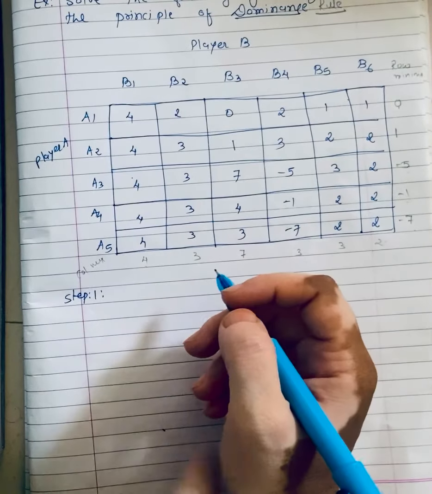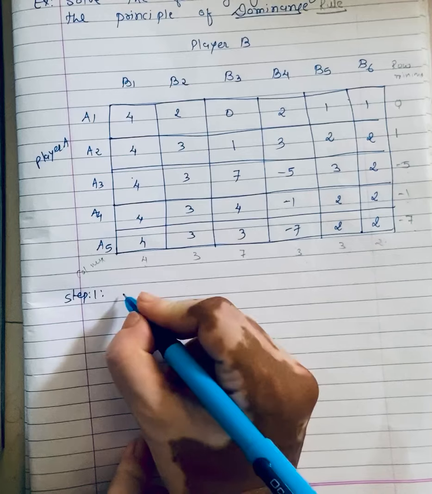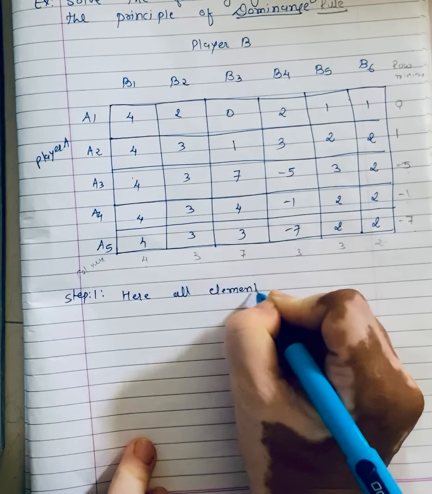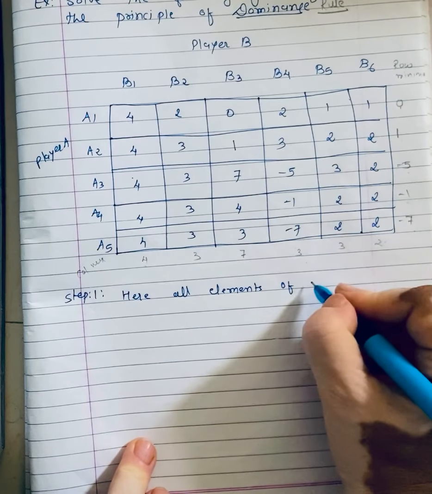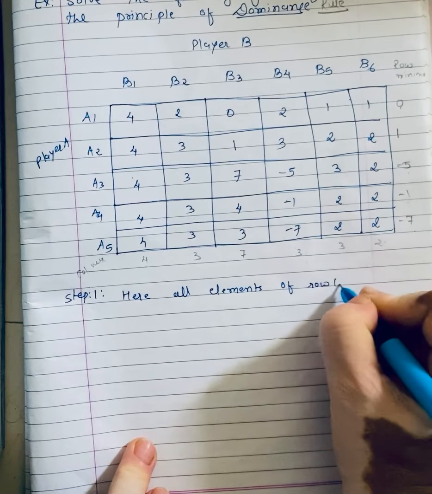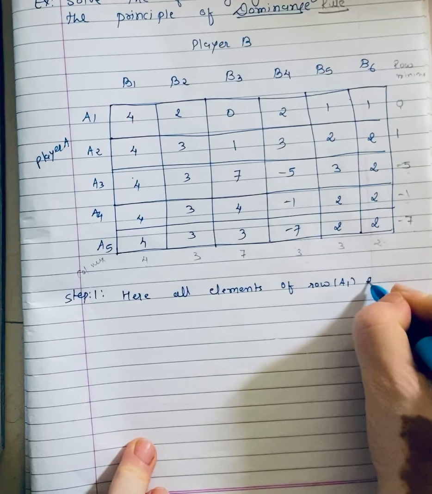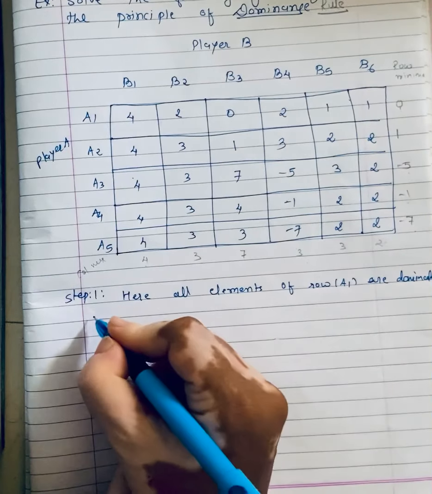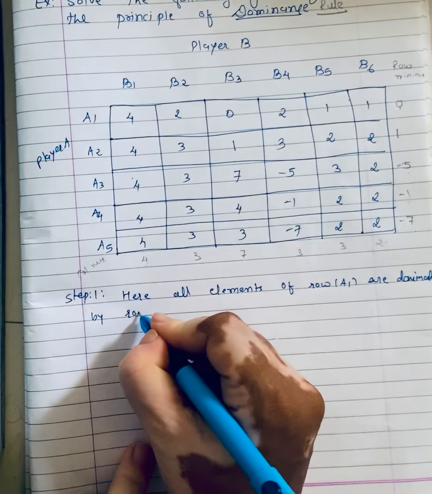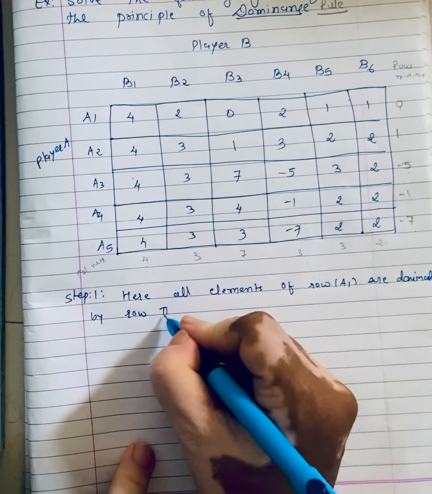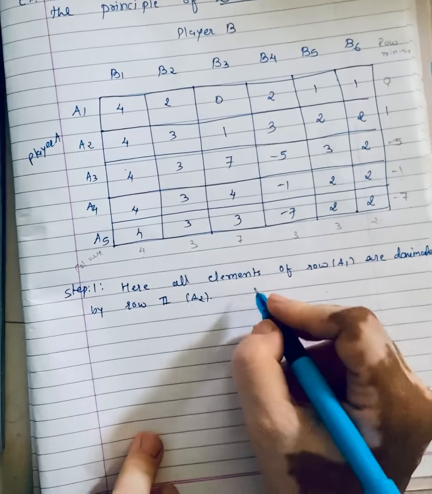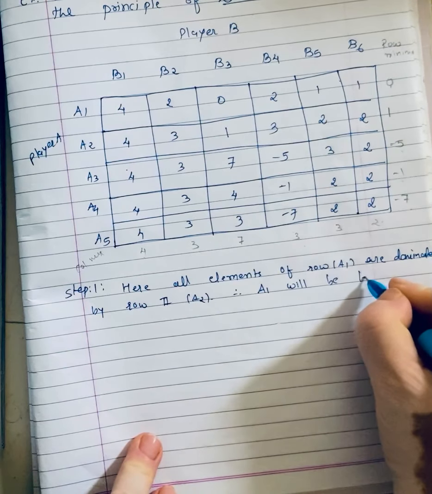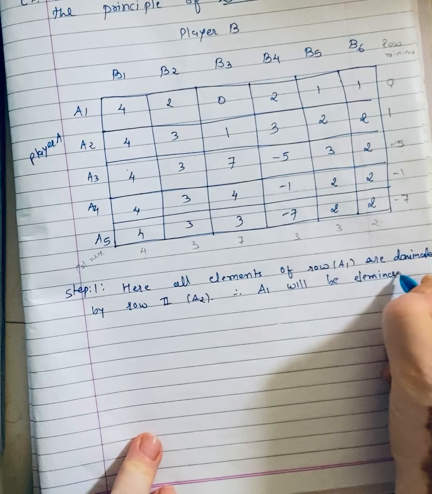So we write here: all elements of row 1, that is A1, are dominated by row 2, that is A2. Therefore A1 will be eliminated.